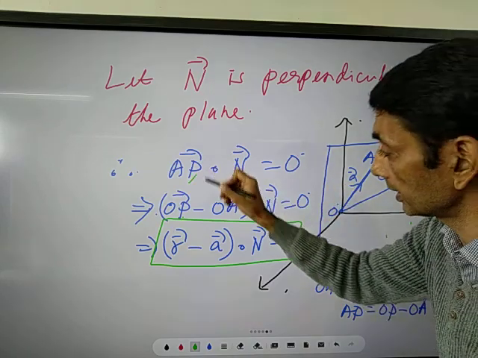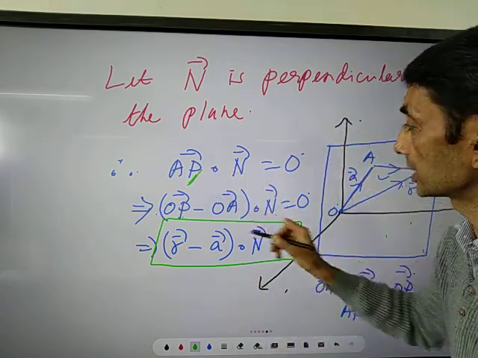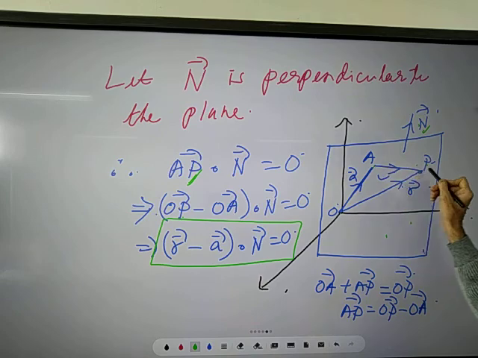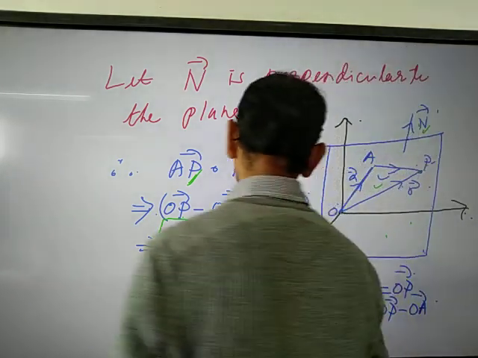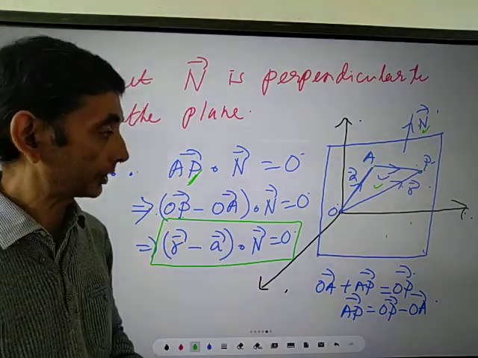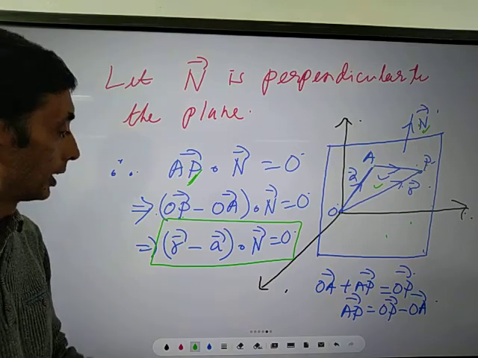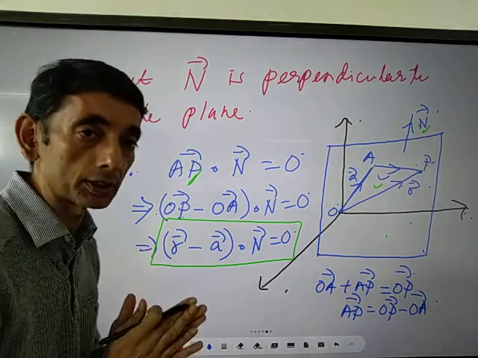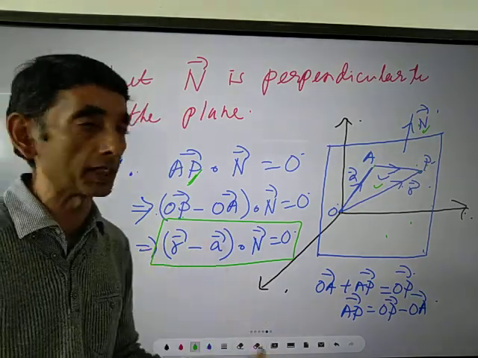The steps are very simple. We can find the vector AP with the help of the triangle law of addition, and thereby we get this vector equation of the plane pi, which is a very important equation.